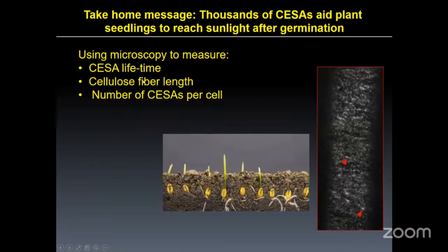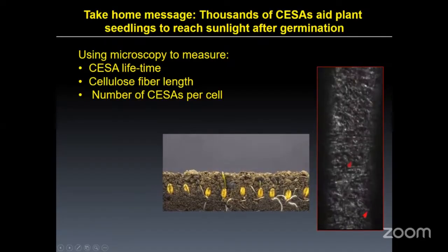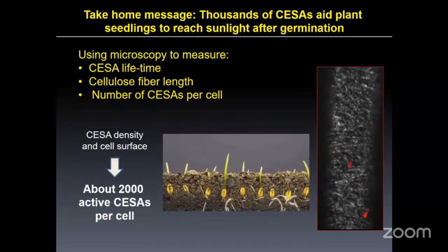We can calculate how long the cellulose fibers are. And finally, we can count the number of CSAs per cell. In a cell, we typically have about 2,000 active CSAs in these growing cells that make up these seedlings in this case, right?